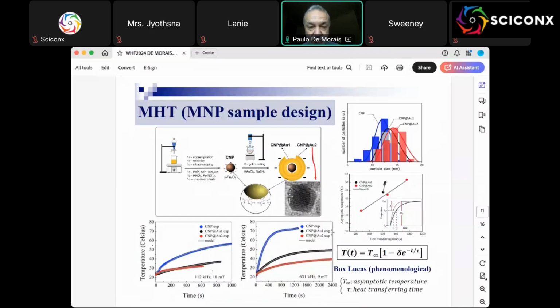However, with the thinner gold coating on top of the same maghemite nanoparticles, it goes exactly in the range which is desirable to perform magnetic hyperthermia in terms of thermal sensitization.